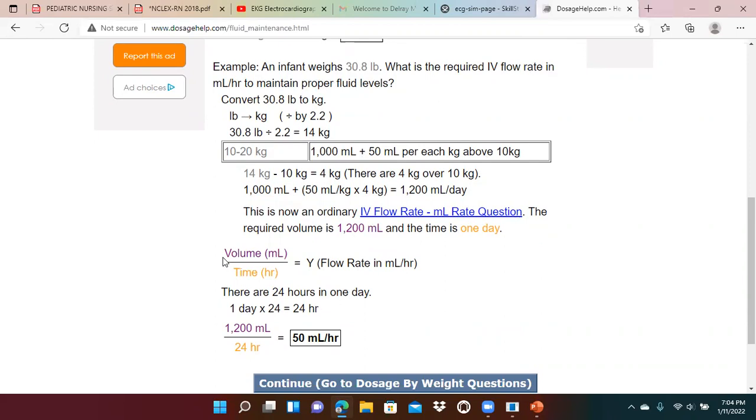Flow rate formula equals volume in ml, right? IV flow rate in ml per hour. So volume in ml, there are 24 hours in one day. So 1 day times 24 hours. So 1200 divided by 24, 50 ml per hour.